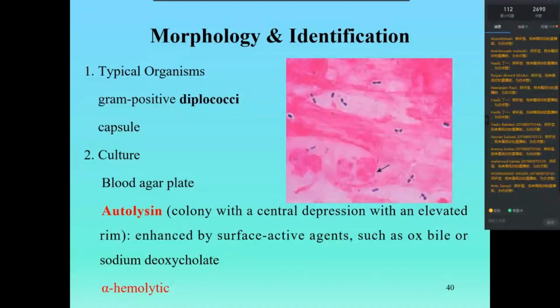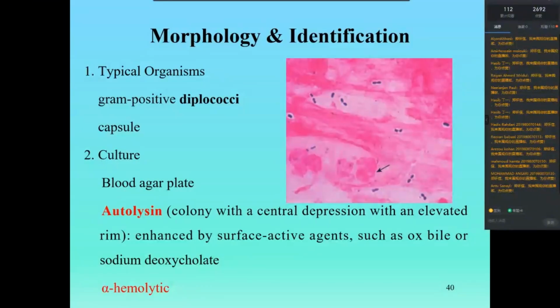And in the lab, the people working there can first check the morphology, whether it's gram-positive or not, and they will find the diplococci. And meanwhile, in the specimen, they will find a lot of neutrophils and many red blood cells. That's the characteristic of infection by this Streptococcus pneumoniae.